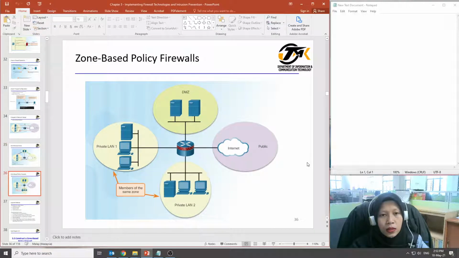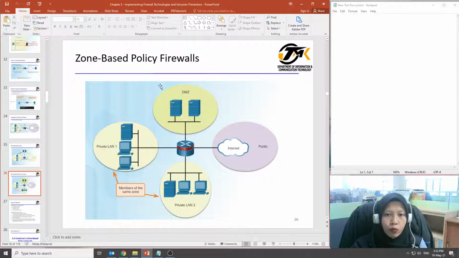The next is the zone-based policy firewall. So what is the meaning of zone-based? Zone-based means members of the same zone. Such as this one, you have one DMZ, you have a public, then you have, let's say, two branches connected to one particular router with a particular capability.